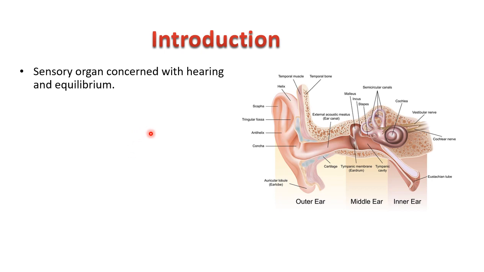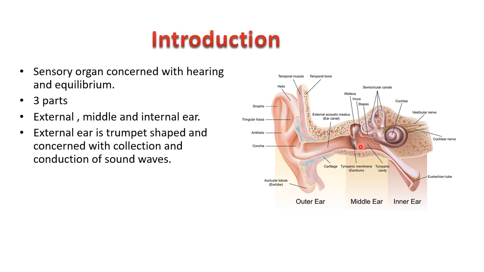Now we will pass on to the auditory cavity. So mainly your ear as a whole consists of three parts. One is actually called the external ear, which is mainly concerned with the collection of the sound waves. Okay, and then you have the middle ear or the tympanic cavity.